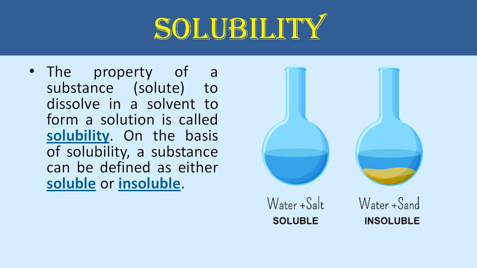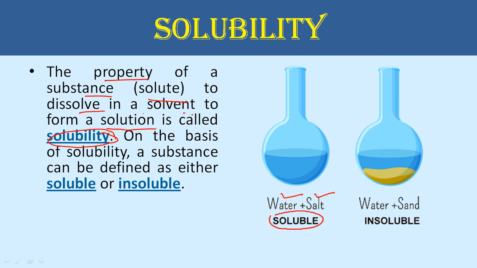Now solubility is the property of a substance. Now we know that solute dissolves in a solvent. So the property of a substance to dissolve in a solvent to form a solution, that property is known as solubility. Now we know that water and salt together form salt solution.